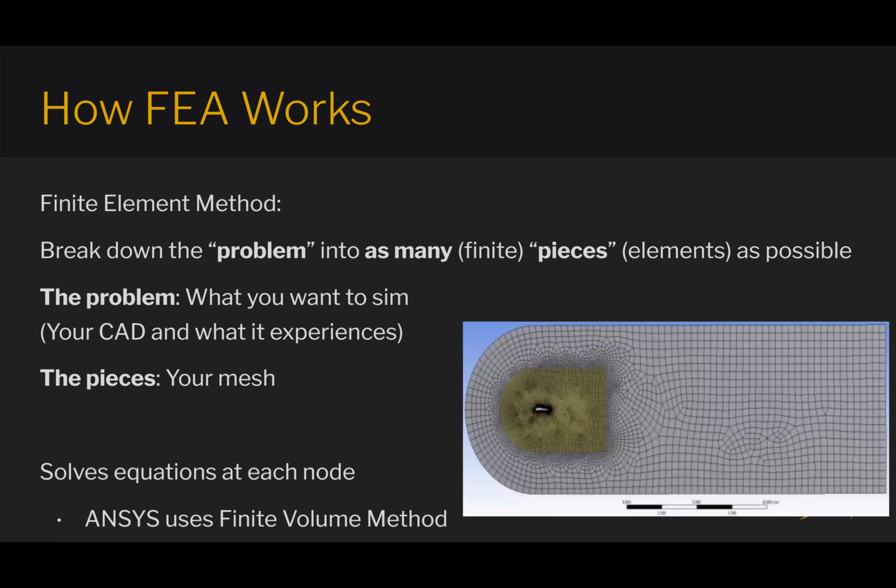Oh, the conservation form of the partial differential equation. So you don't have to know what those differences are. Just know that they are different. CFD uses the finite volume method; structural dynamics, structural analysis, FEA, uses the finite element method. These are two very different methods, so just keep that in mind.